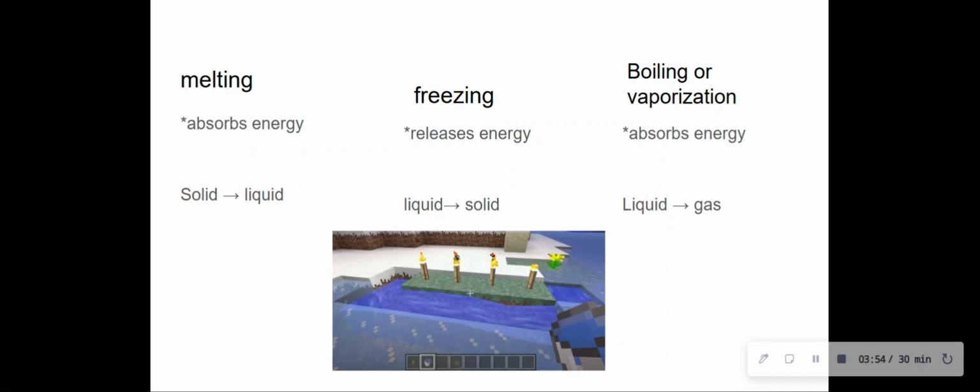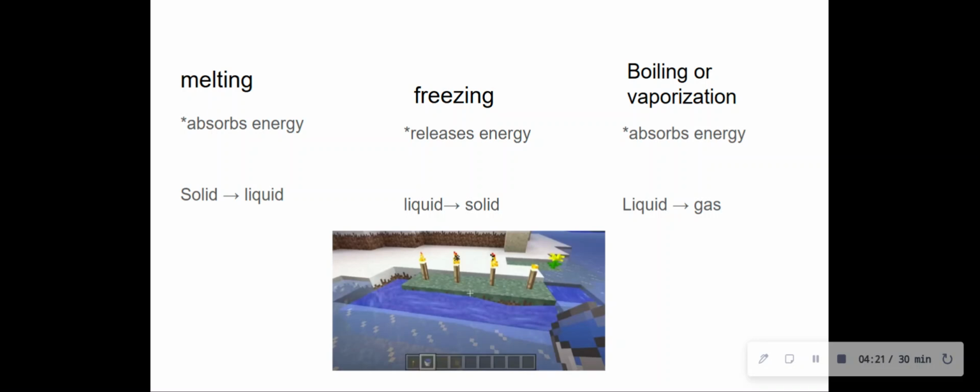The most notable example is when ice melts and turns into water. And vice versa, we got freezing, which is liquid to solid again, which means the substance would have to release energy or release heat. That would be like water to ice.